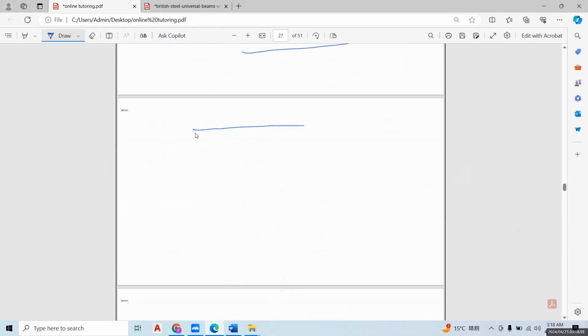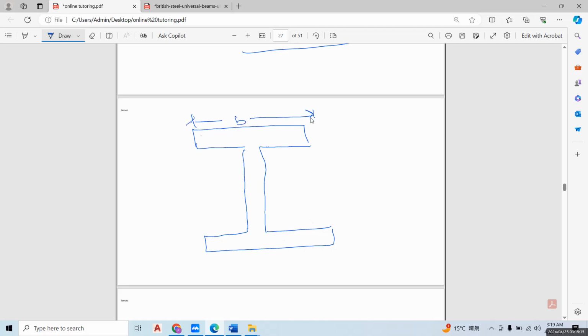This is your breadth, this is your thickness of flange, this is your total height, you can say D, and this is your thickness of web.